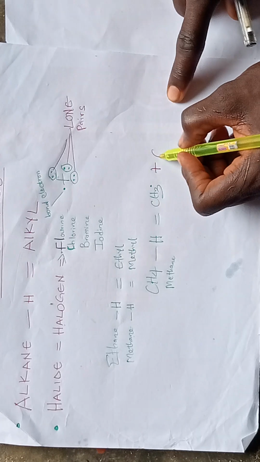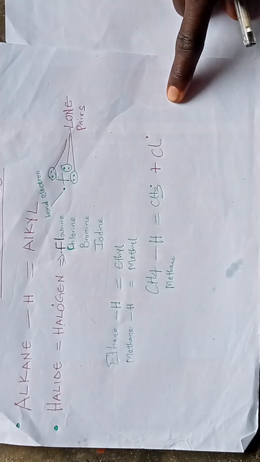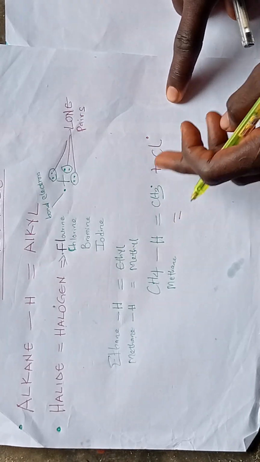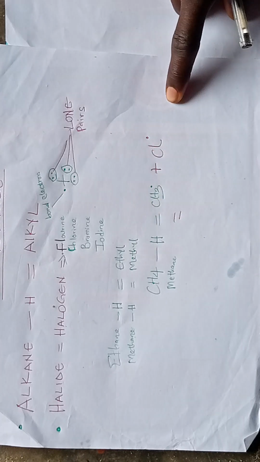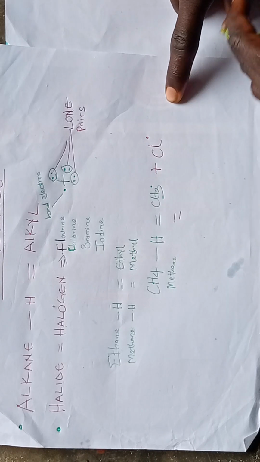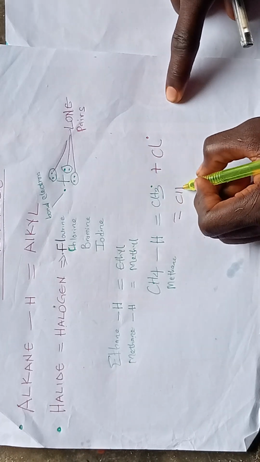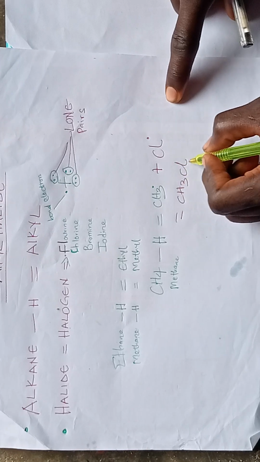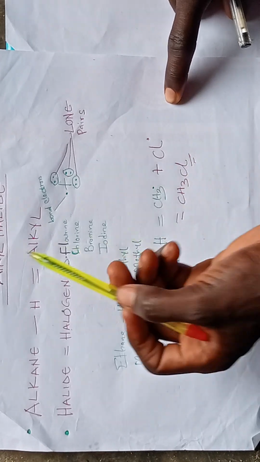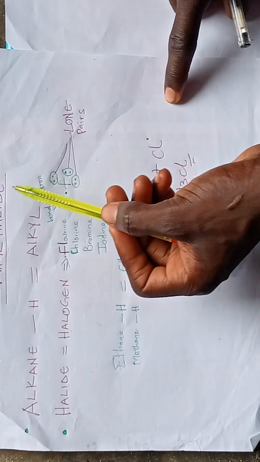Let's say for instance I want to use chlorine here. The chlorine will also be a radical. By the time they come together, two radicals. A radical is any element that is deficient in an electron. By the time they come together, both of them are deficient, and they're going to give you methyl chloride. So the methyl is the alkyl, while the chloride is the halide.